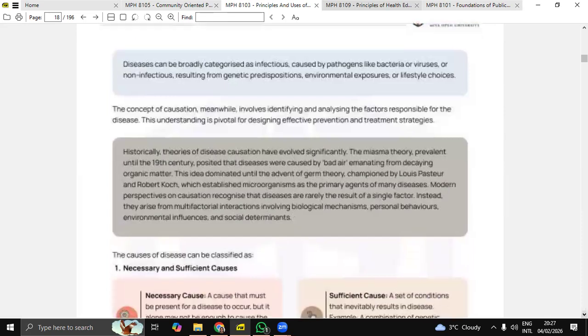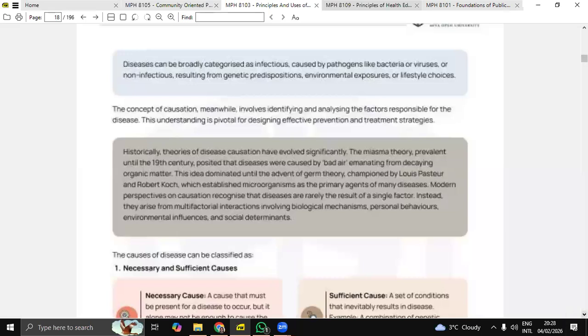When we talk about infectious, we already know what we're talking about, right? We're talking about pathogens. We can't see them with our eyes. Living organisms, microorganisms, they get into the human body and they can cause diseases. Then non-infectious, there are things resulting from genetic predisposition, environmental exposure, and all the rest.